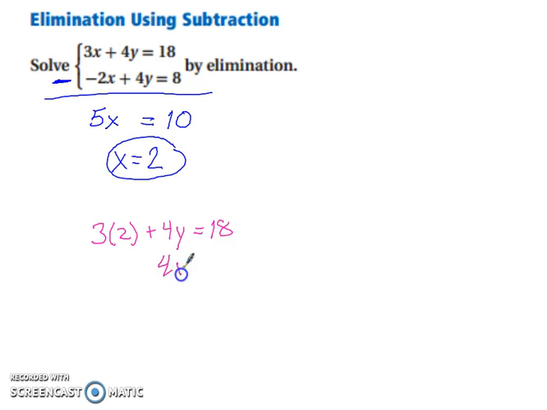So we have 4y equals 12. Divide by 4, so y equals 3. We have our x and our y, so write it as a coordinate, 2, 3.